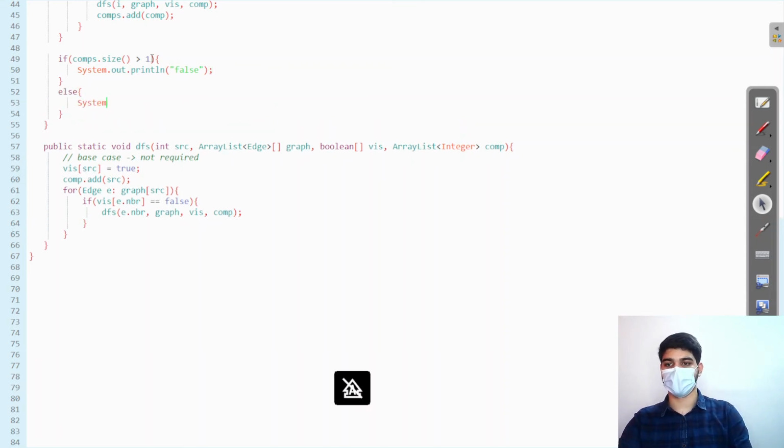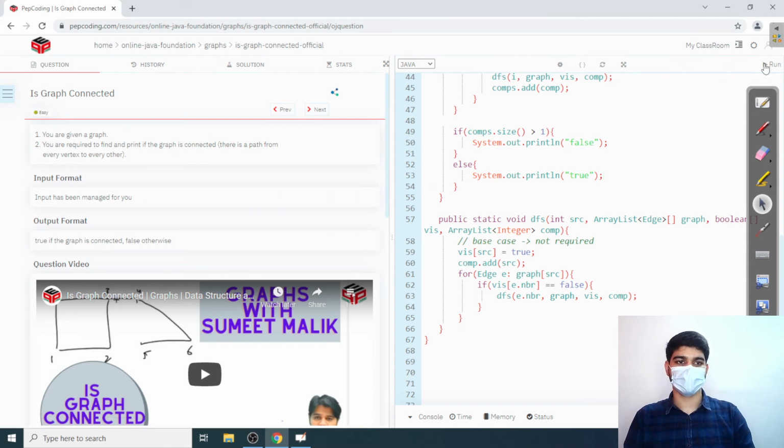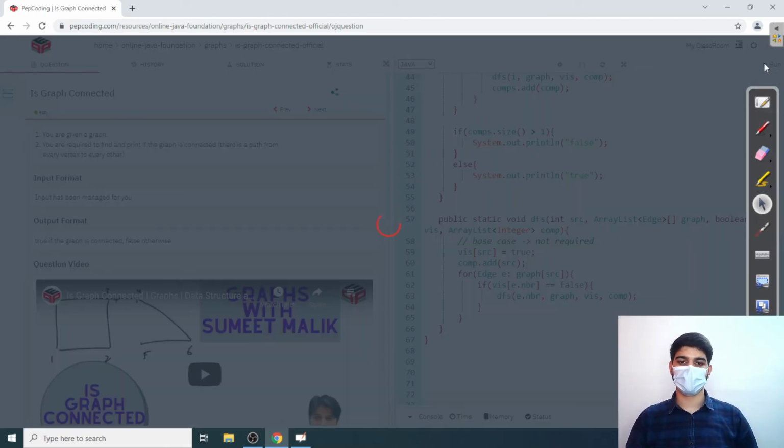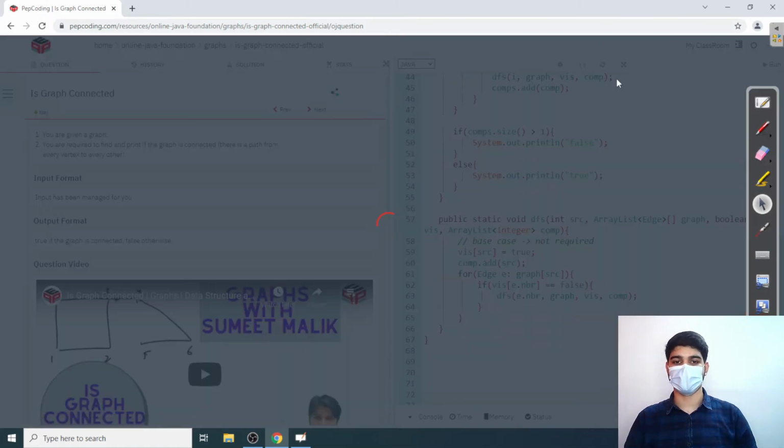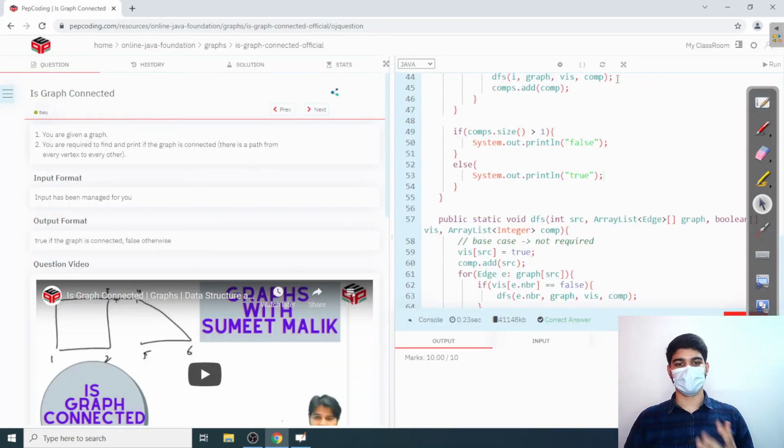Else, I would do system.out.println true. Now, if I run this, it is passing our test case. Let's try to submit this for all the test cases. So we are getting 10 out of 10, which is a correct answer.